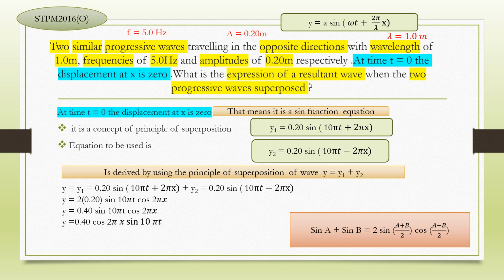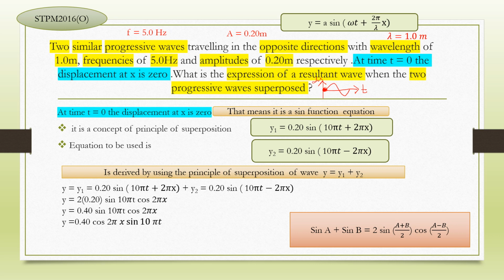If I have, this is displacement, this is t. So at time t equals 0, the displacement at x is 0. That means it's a sine function graph. Okay, so you must remember that.